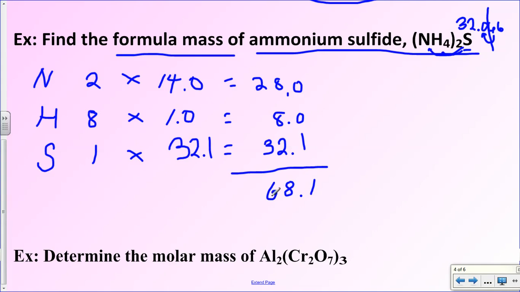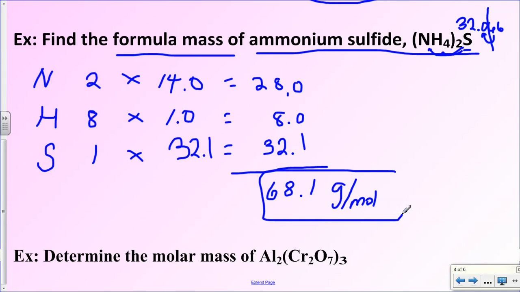Okay. So this comes out to be 68.1, and we need units, gram per mole. And this is what we are after. Okay, so that's the formula mass of ammonium sulfide.